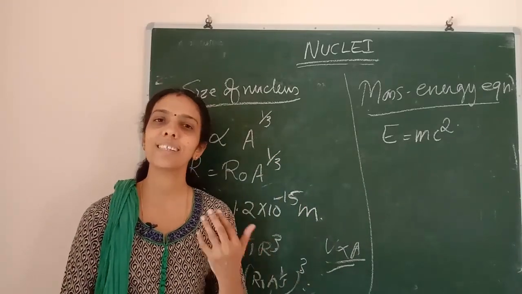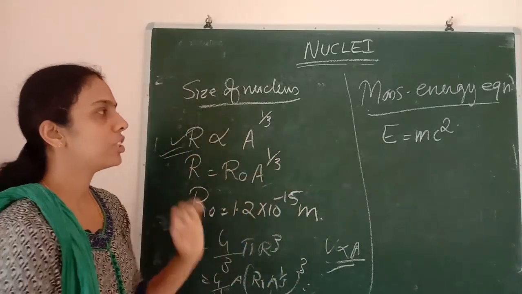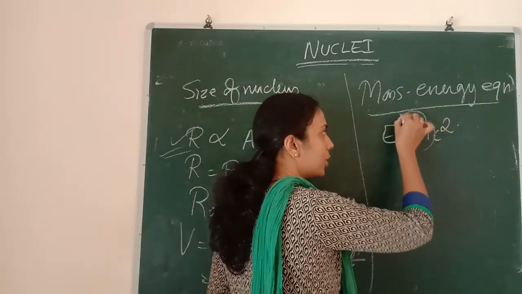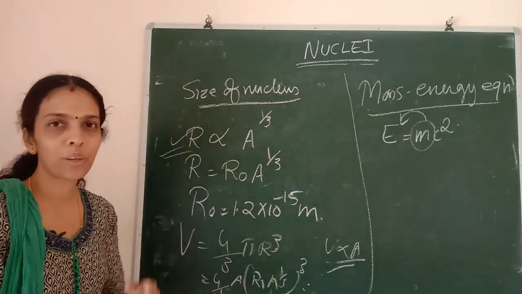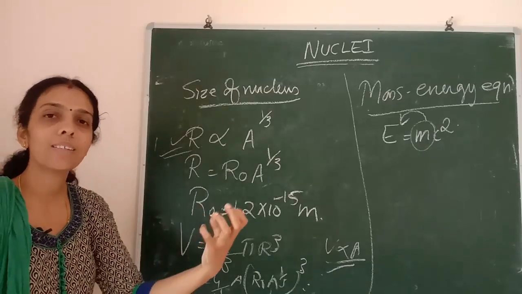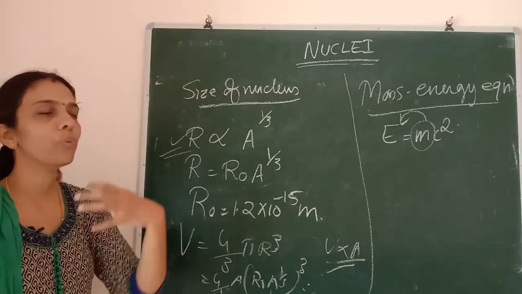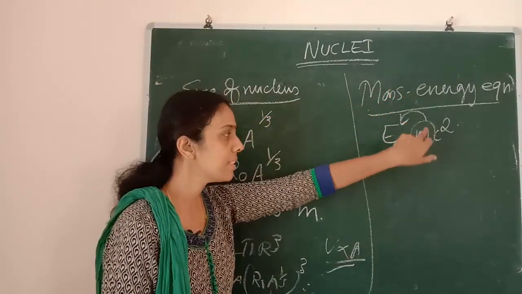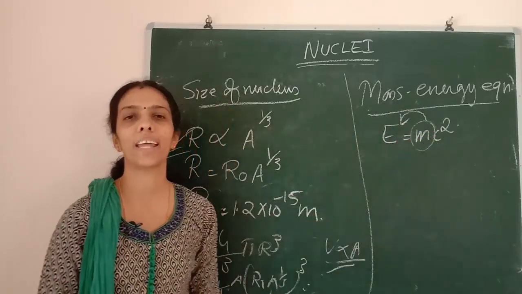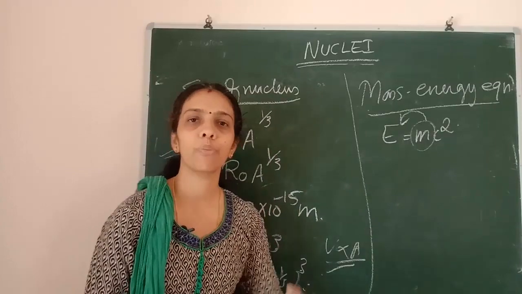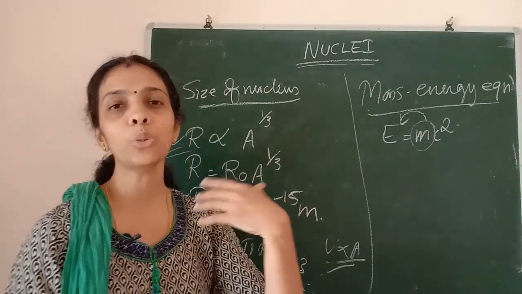But what is this equation? Through this equation, Einstein is telling us that mass can be converted to energy. That is the mass energy equation. How can we convert mass into energy? That is the importance of this equation. Can we convert mass into energy?